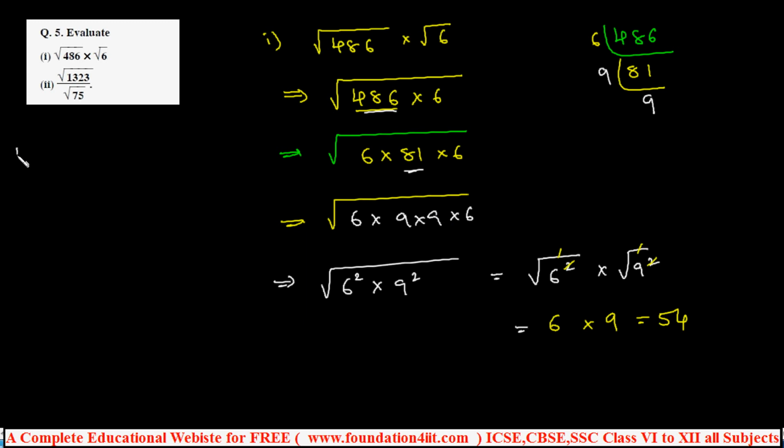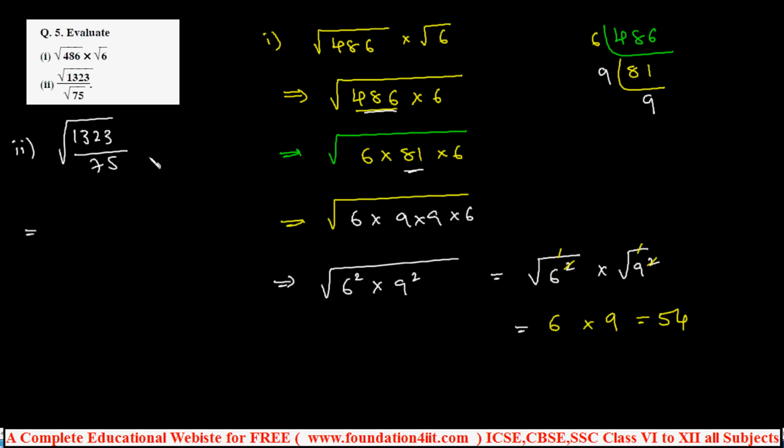Right? Let us see this second one. Also, you can make it into parts. That is square root of 1323 by 75. We can write this. Separate this 1323 by 75 and cancel if it is possible.